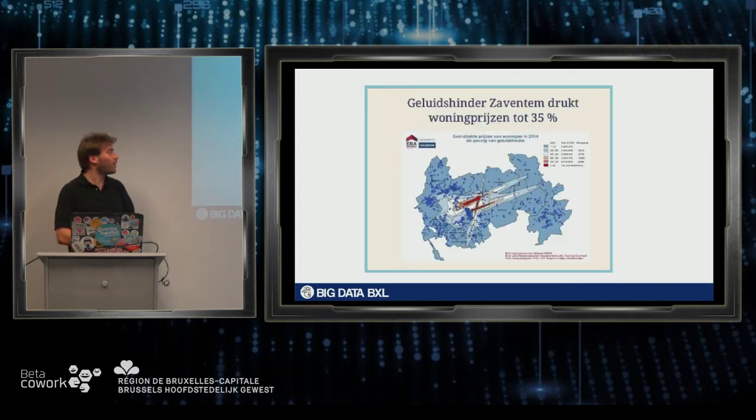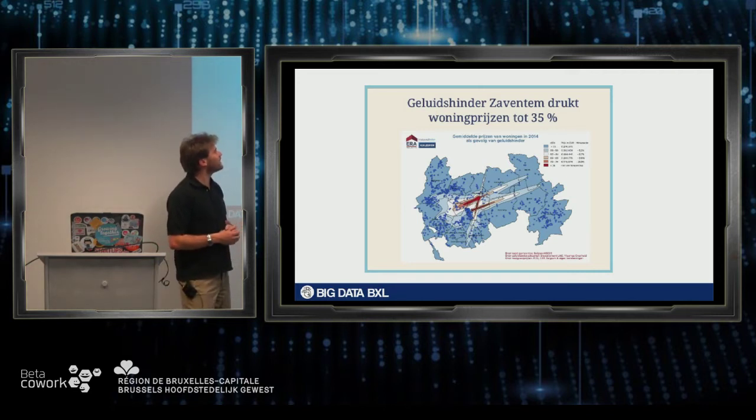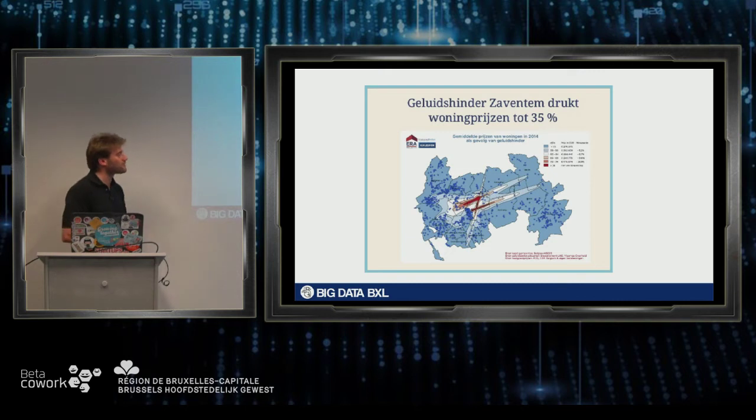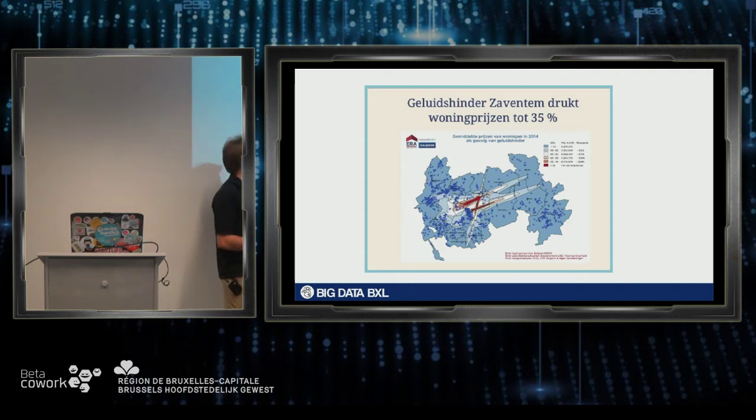So here's one example of an interesting visualization. Here it's about house prices, but actually it's really a visualization of noise levels around the airport.